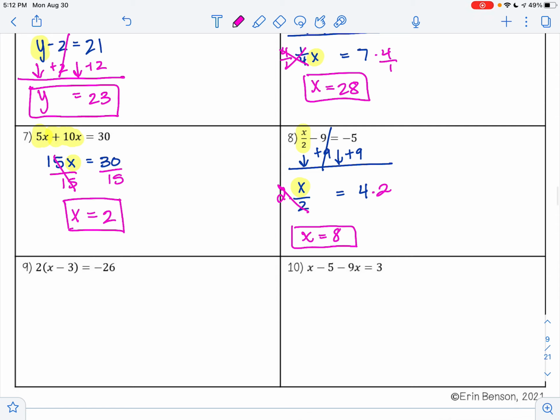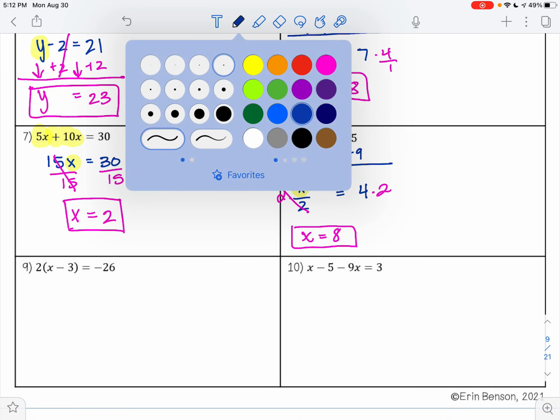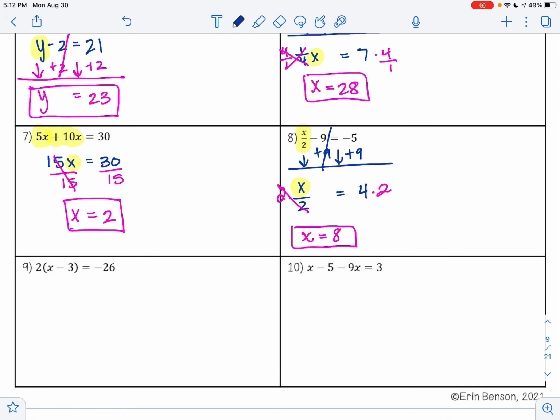On example 9, I have 2 times x minus 3 equals 26. The first thing that we want to do is we want to distribute that 2. 2 times x is 2x. 2 times negative 3 is negative 6. We want to get the term with the variable by itself.